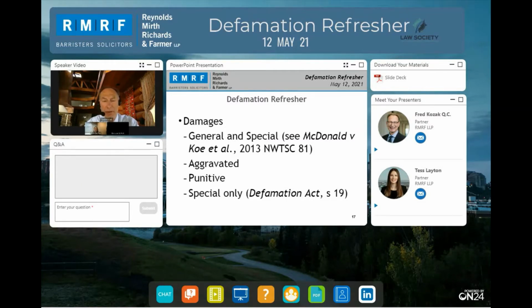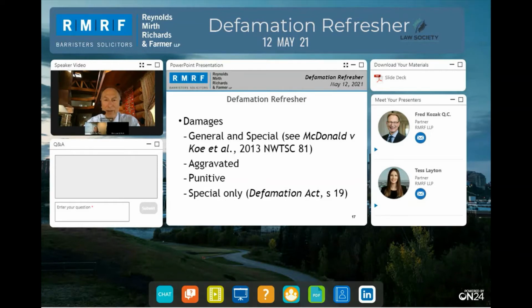The only other thing I'll say before turning things over to Tess is, because of all of the vestiges of defamation actions, which date back a couple of centuries now, it's one of the few actions where what you say in pleadings can exacerbate damages. And the conduct of the litigation can also have an impact on the damages awarded.